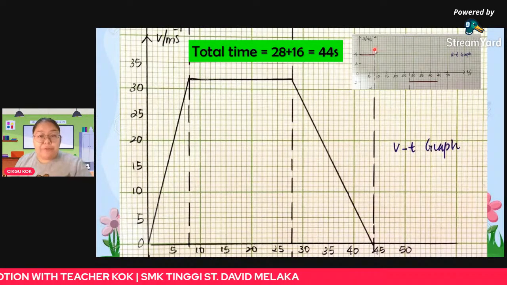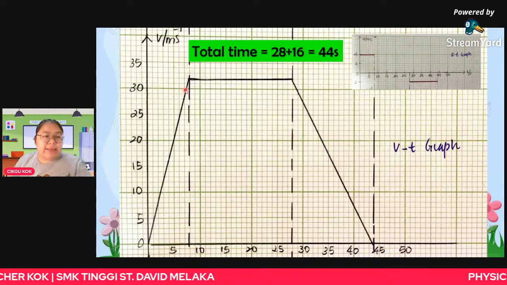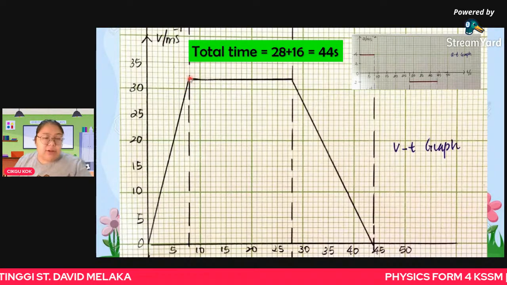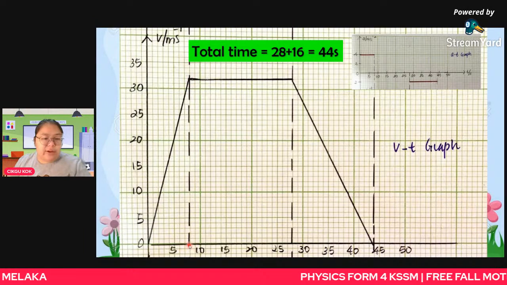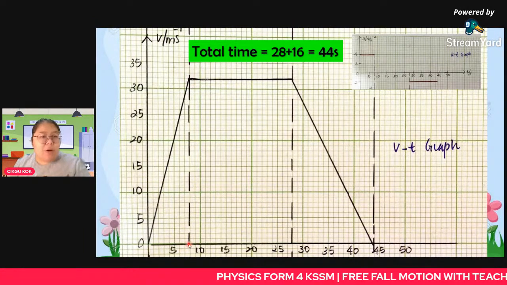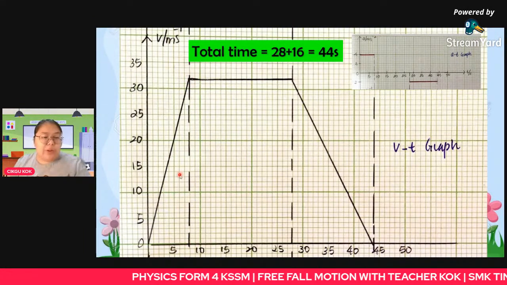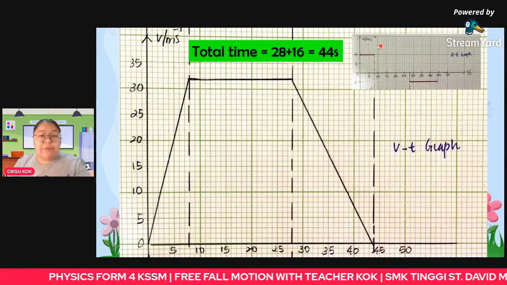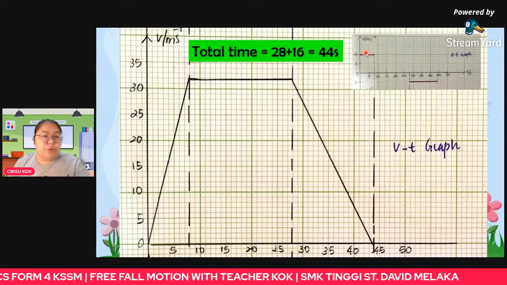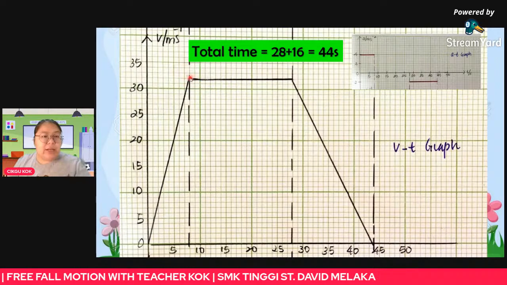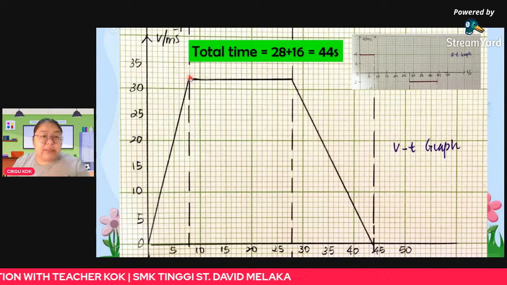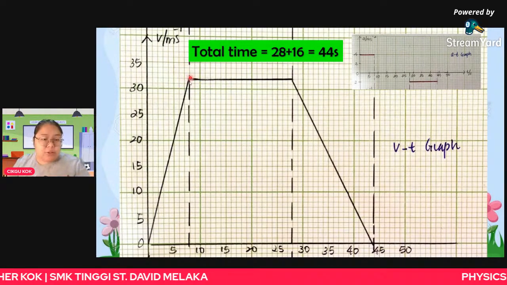How many? 4. So I go to prove. I get 32, is it just now? So 32 over 8, the answer should be 4. So that means for part A, when you find the gradient, surely it's 4 m/s². Just now we found velocity is 32, so we draw until 32, then we drop.